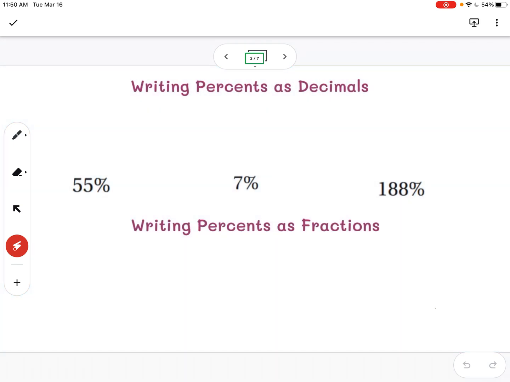Writing percents as decimals. So we're going to start off by writing percents as decimals, and we're going to talk about how to do that. So how do we write percents as decimals? It is really simple.